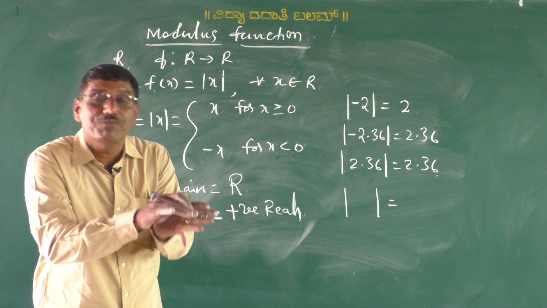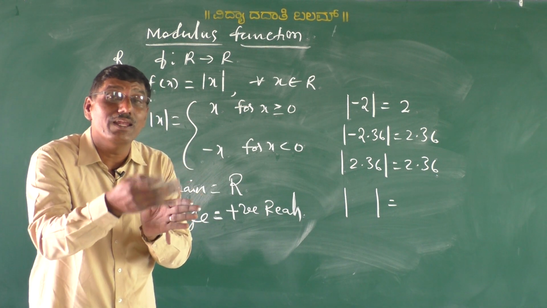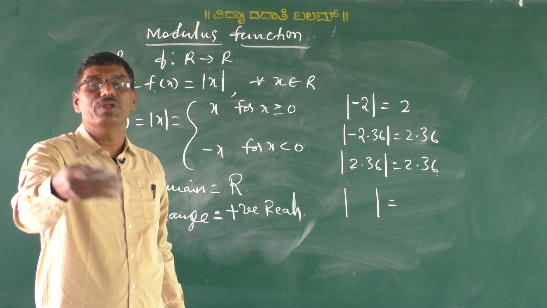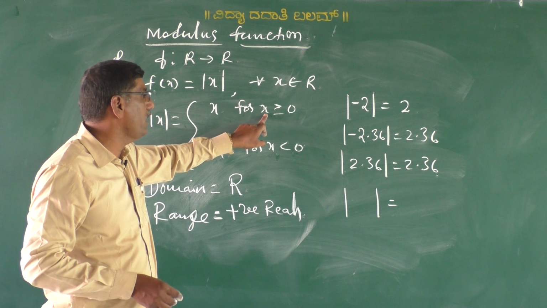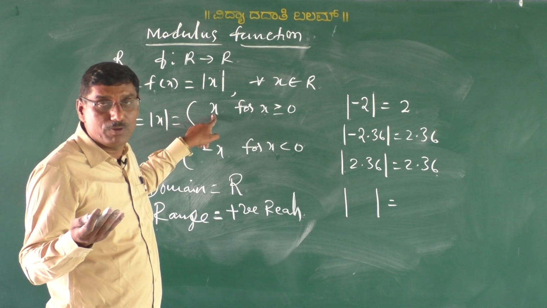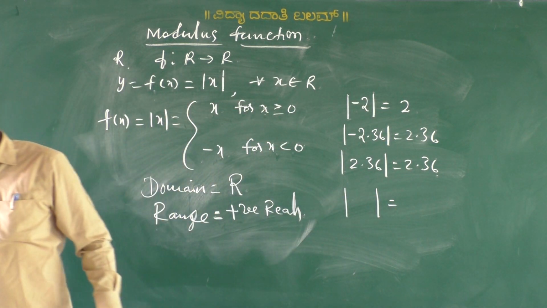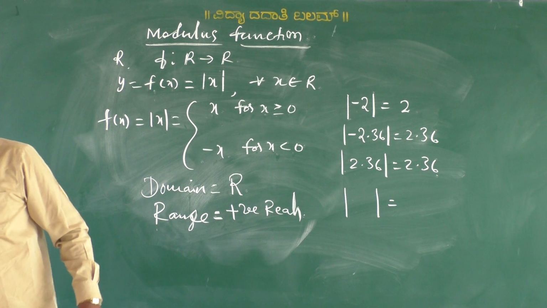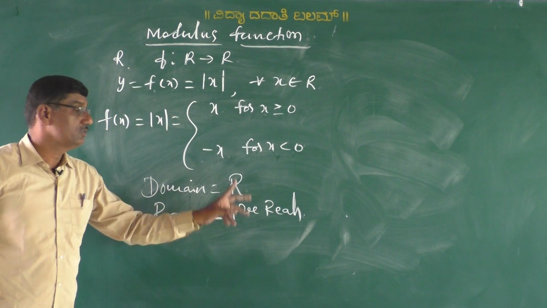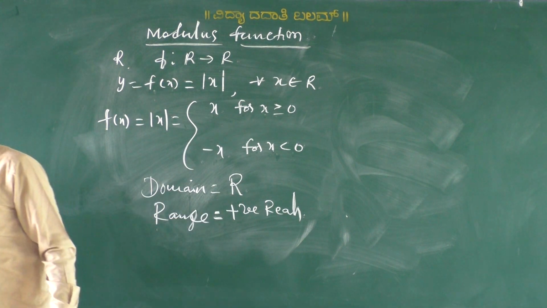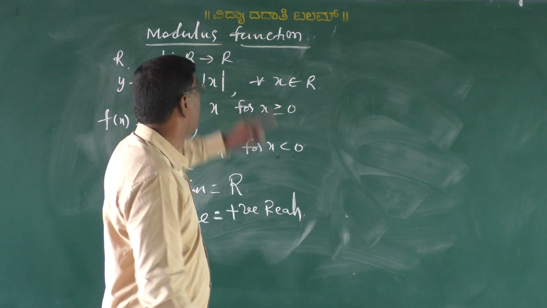Minus of minus 3, we get plus 3. Minus of any negative real number, we get positive real numbers. For x greater than or equal to 0, for positive values, we get positives. From that we can write that the range is positive reals. Are you understood, all of you? Now what about the graph of modulus function?